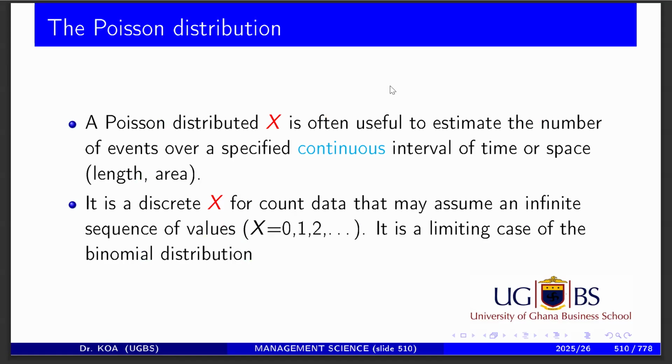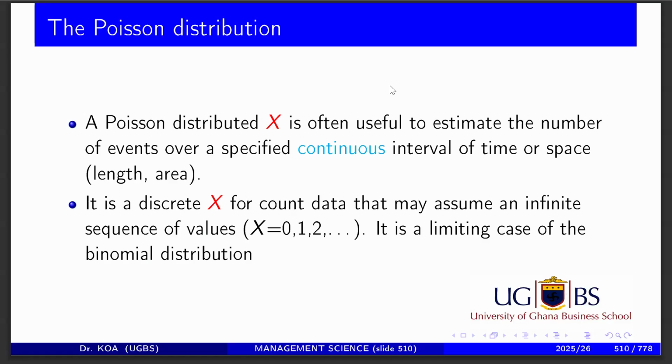A random variable that is Poisson distributed is useful to estimate the number of events over a specified period of time.